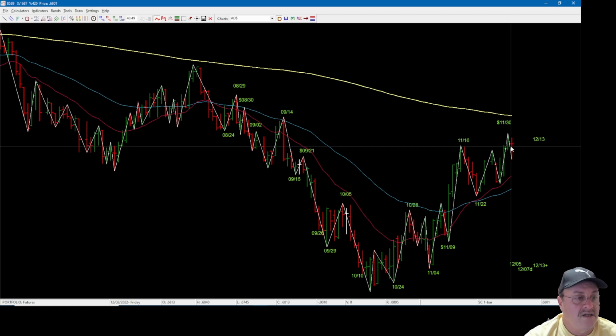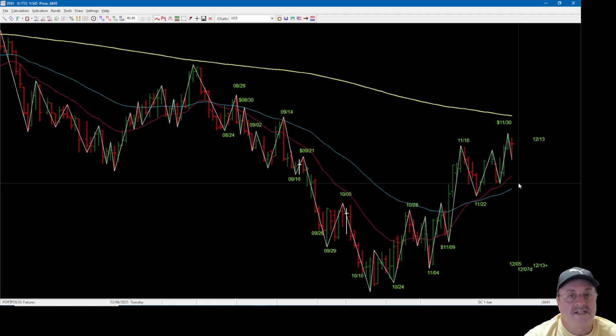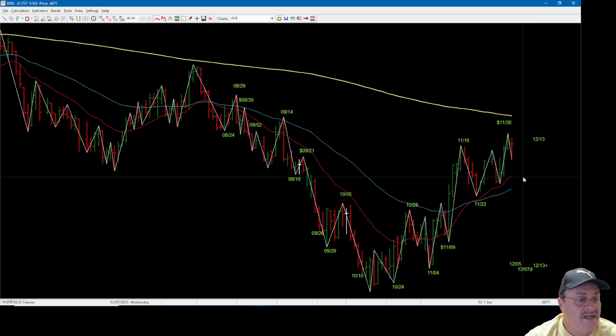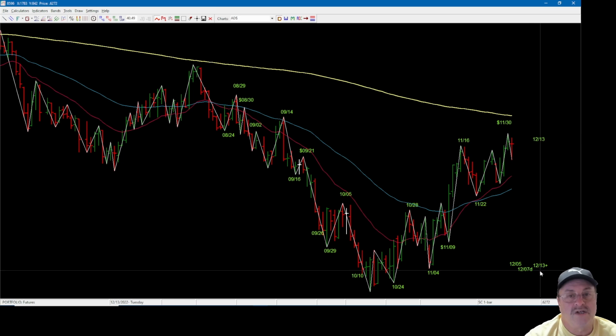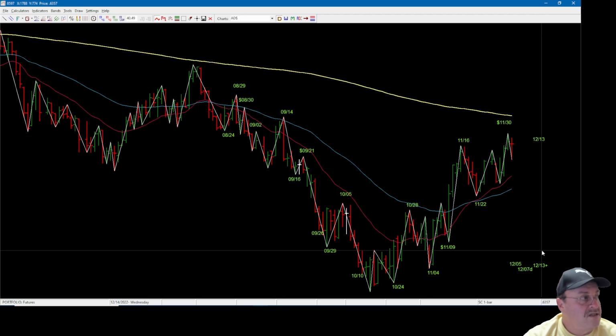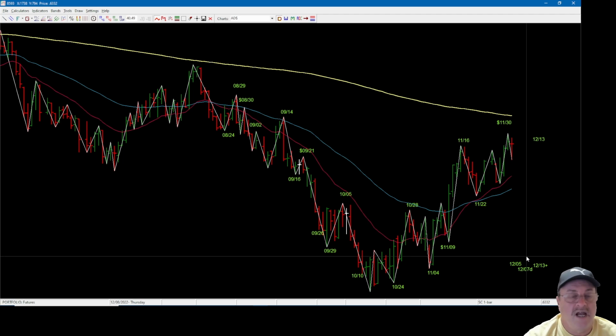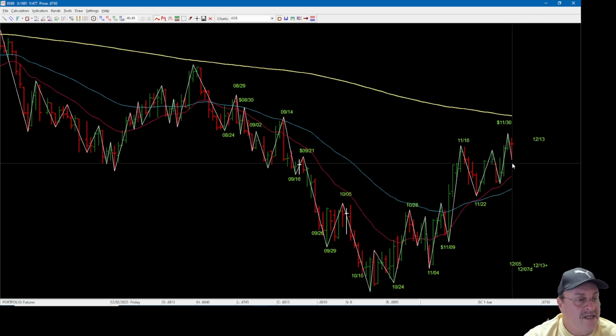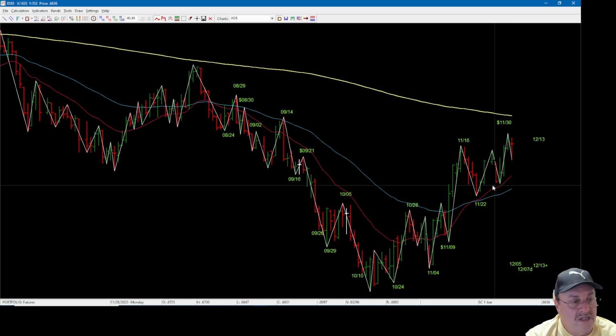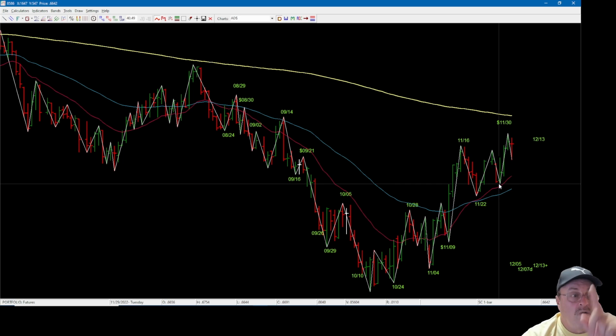We look for prices to pull back to the next F date, which we don't have yet. It may be one of these. These are just notes that I have on my charts. But today is Friday, so I'll be working on the F date report possibly today or tomorrow. And then you can see whether we have a potential to buy here or here or here, as long as it is higher than this swing bottom here.